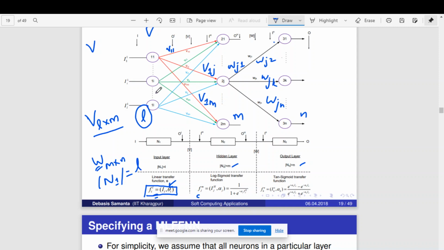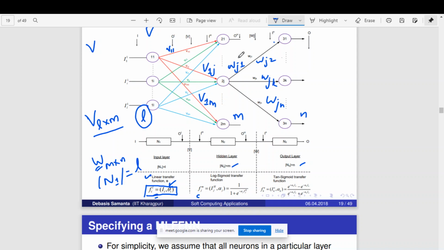No addition or multiplication, because each neuron gets only one input, and we are just comparing it with some threshold limit. So it is basically a linear transfer function.